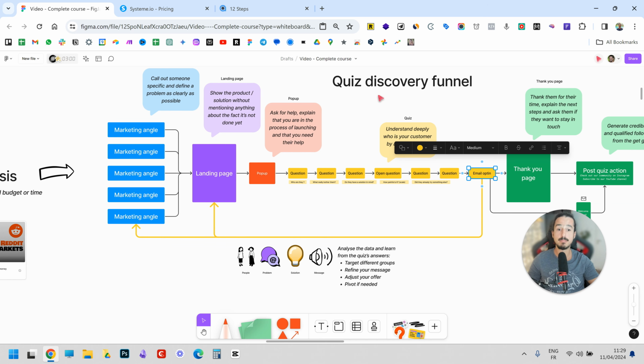But at the same time, it is a very powerful conversion because you optimize your ad for people that clicked, saw the offer, accepted to help you, answered questions, gave their email address. So it's not a buyer, but it is a powerful conversion.